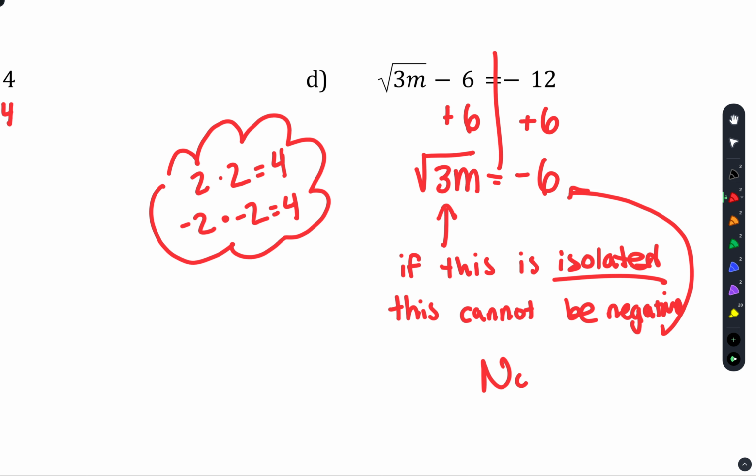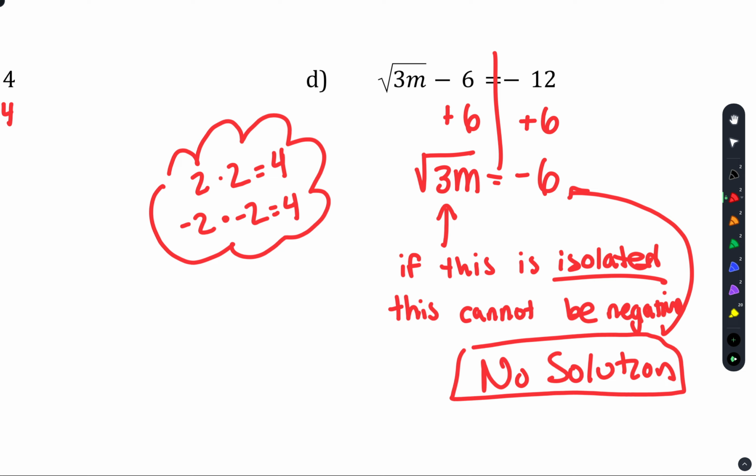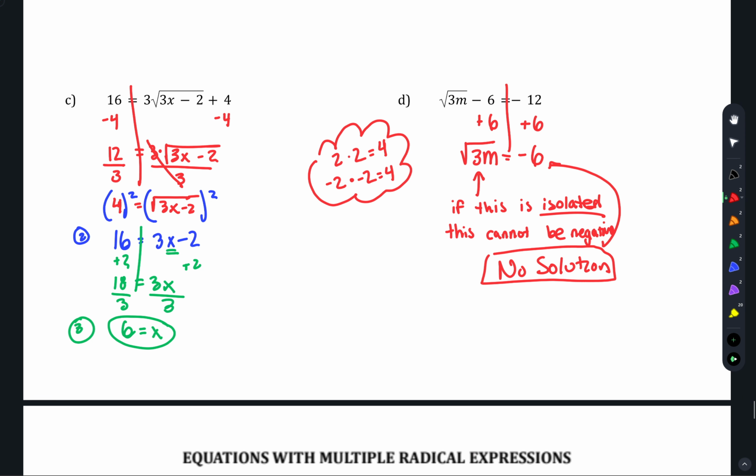So our answer is no solution. We have to isolate first because sometimes you might get a problem that looks like it might be negative, but we actually end up making it positive as we do our isolating. Okay, any questions on that side?